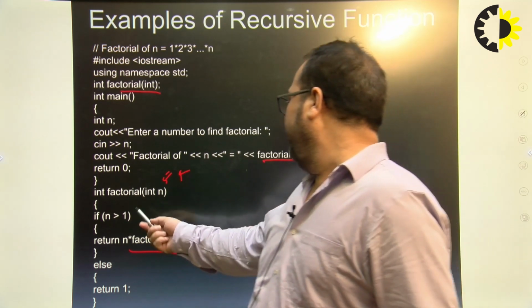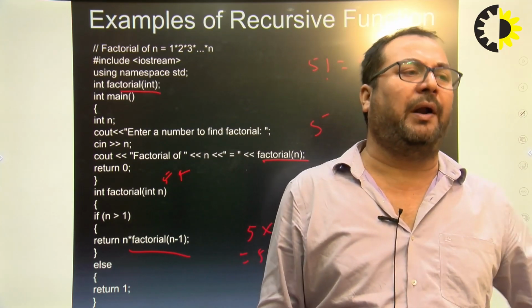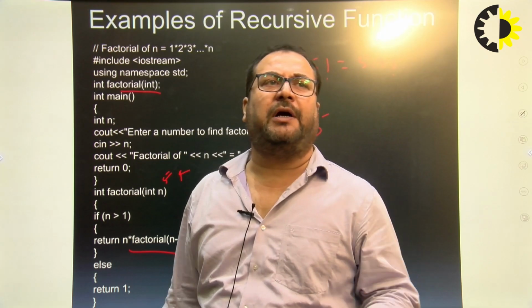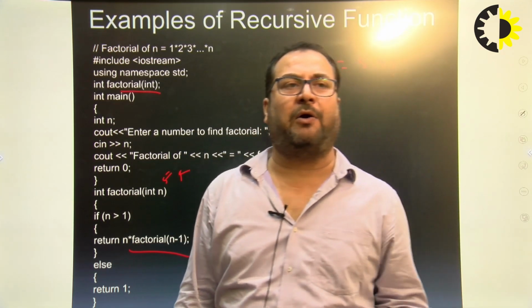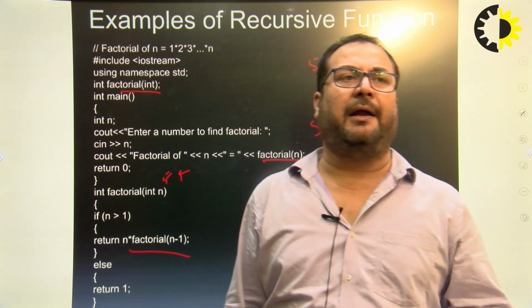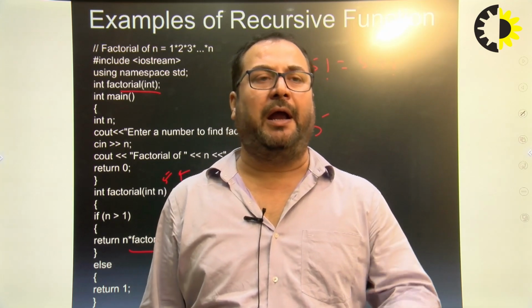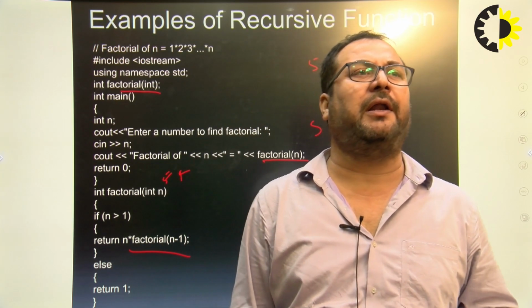So if n is 1, it will simply return 1. By this way we can calculate. Through a recursive function we can make recursive calls, and define a function in terms of itself, meaning a function calls the same function. So this is called a recursive function.